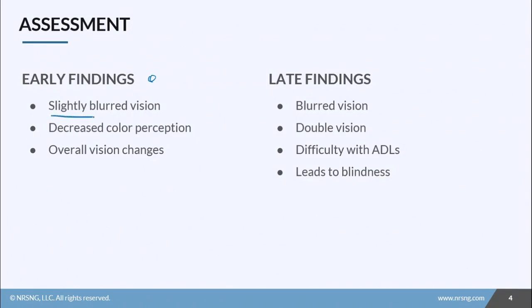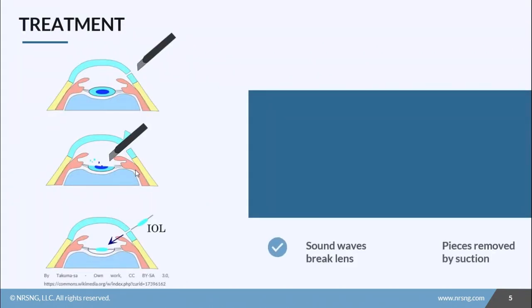They could also have some decreased color perception. These are overall vision changes, involving the whole vision field. It's not just a certain part of the vision field, it's their entire picture that they see.